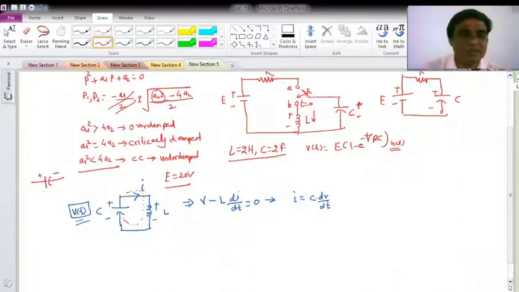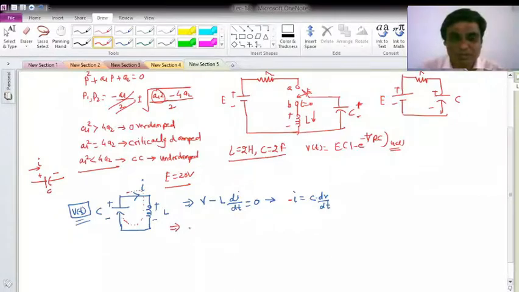Our assumed polarity for the capacitor was like this, where current was going into the positive terminal and going away from the negative terminal, right? That we have assumed till now. So if I keep the same assumption, what I am observing here is that this current will be reversed. So it will be minus I.